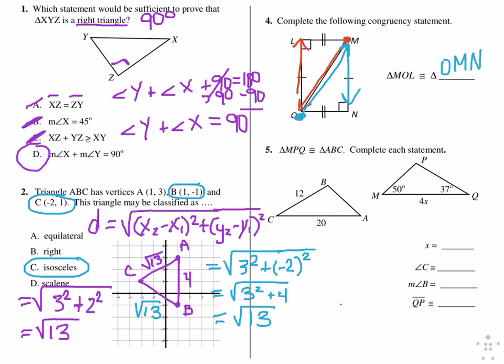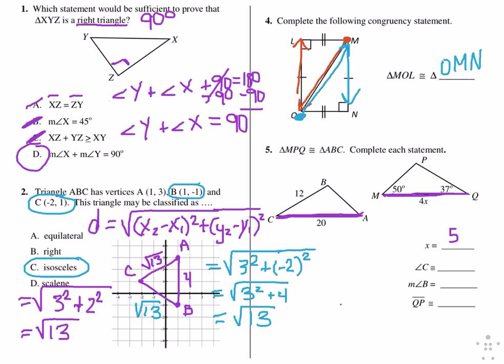So it says complete each statement. So we're asked to solve for x. Well, here, this side down here, MQ corresponds down here to AC. So what would I multiply 4 by to get 20? We would multiply by 5. So x has to be 5.